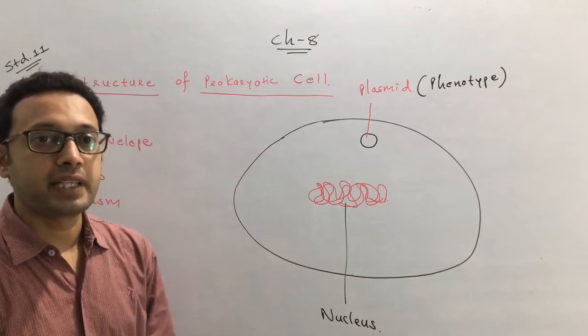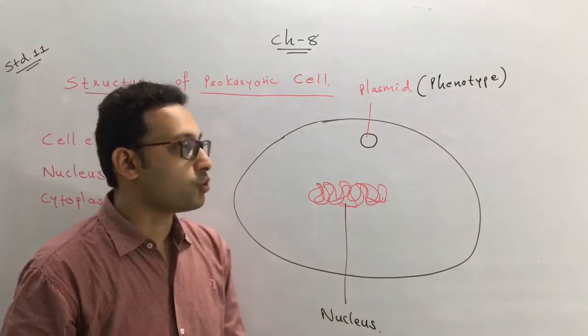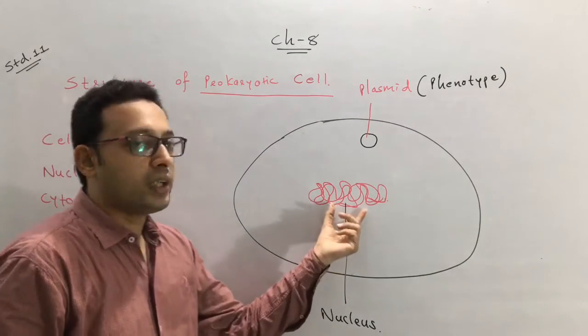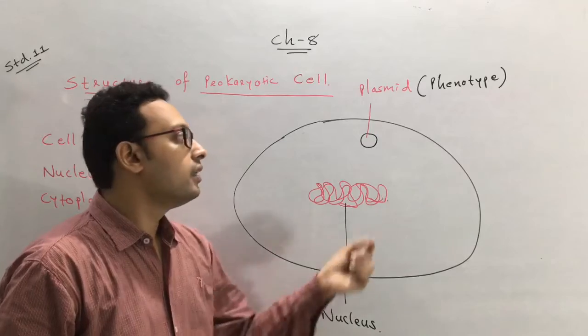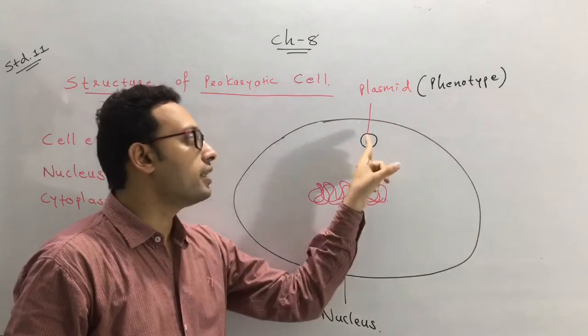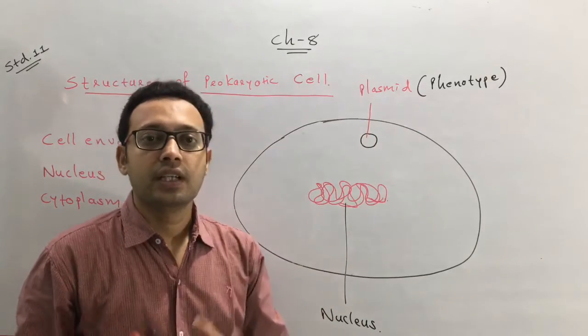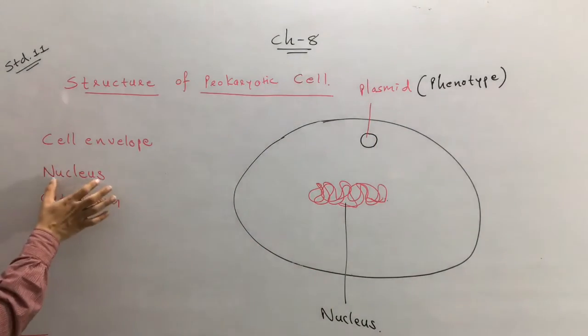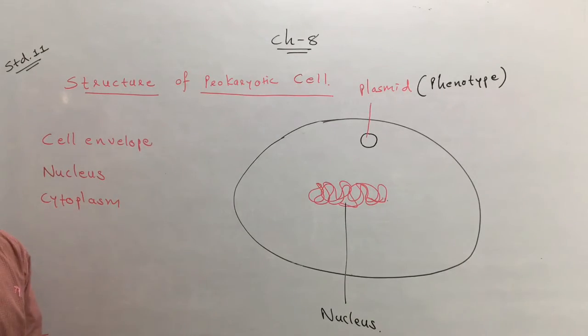And that is one of the biggest problems of the 21st century. So the ultimate point is that the nucleus contains genomic DNA, and outside the genomic DNA it contains a small circular DNA called a plasmid, which is responsible for phenotypic characteristics. So this is the second component, which we call the nucleus.